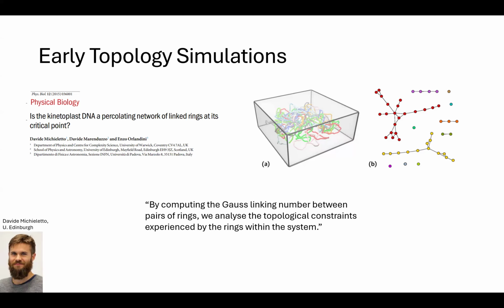What he found was that at the point where the network percolated, so you have a single large component, that approximately happened when the average connectivity was 3, which is what we see in experiments. And this was pretty early in the field. 50 is not that close to 5,000, but several years later, next slide, please.